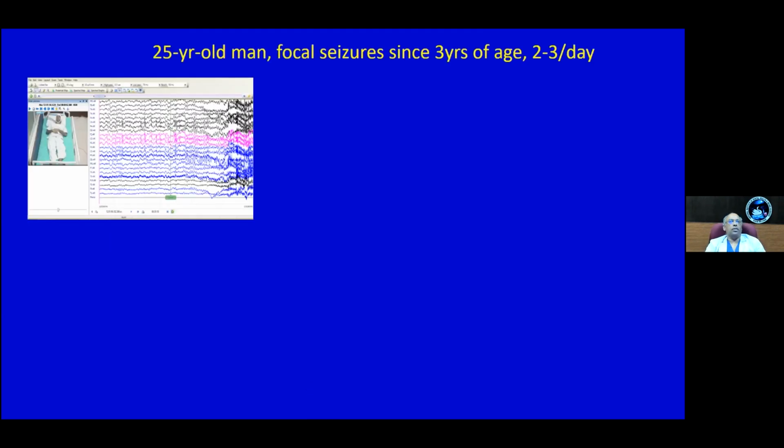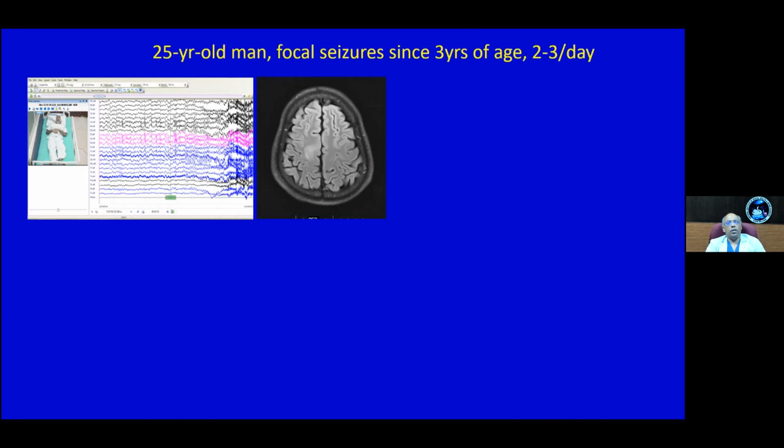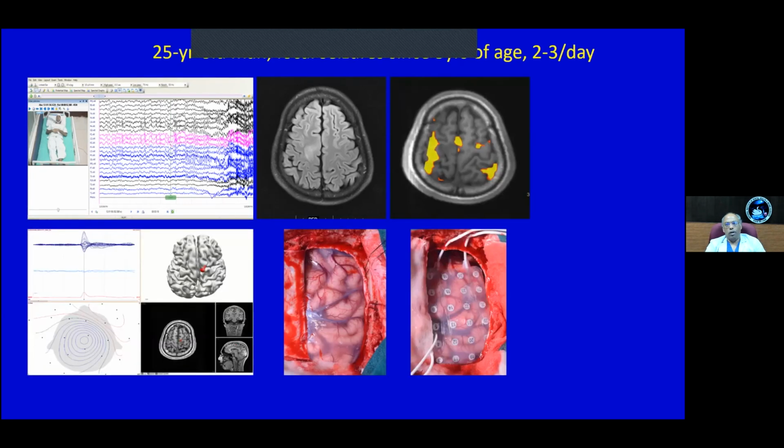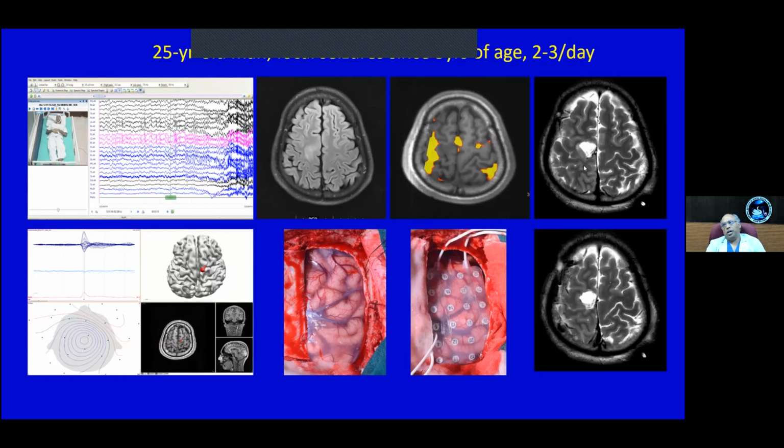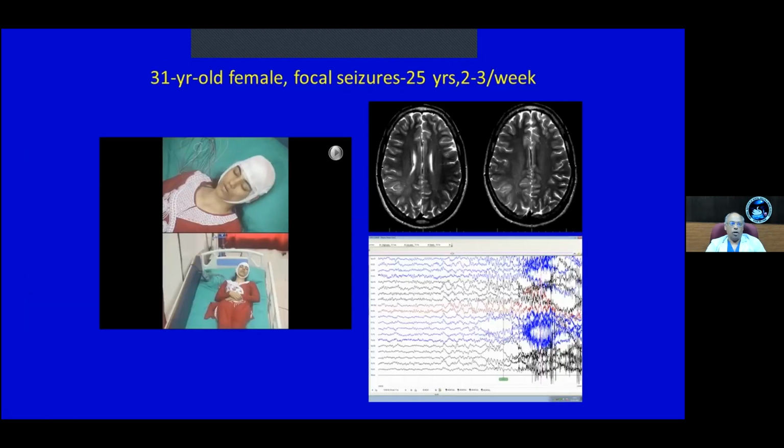Of course, this is a young man who had a dysplasia in the leg motor cortex, and he underwent implantation, and then the actual onset was identified. And then a small area of focal resection was done. As expected, he developed a deficit, but eventually he recovered.